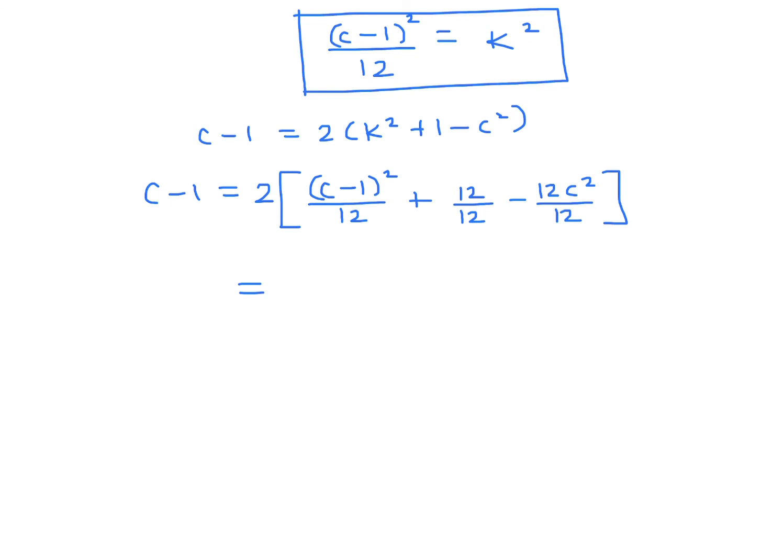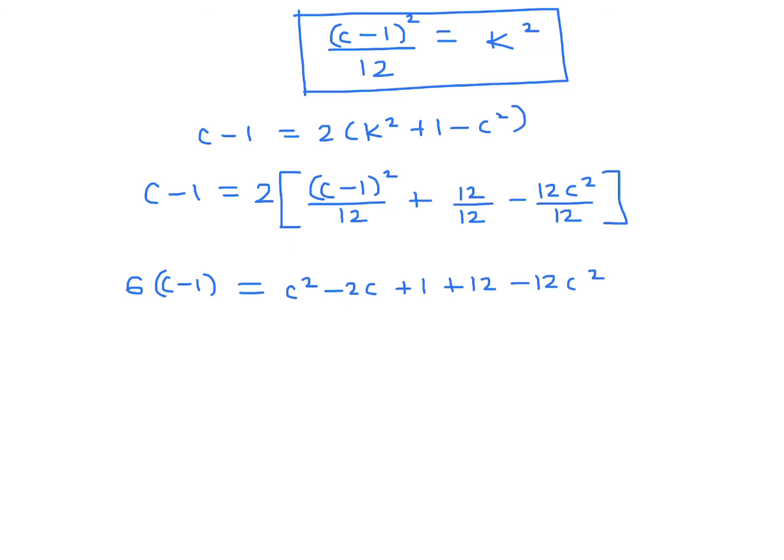And this will give me 2 over 12, which is 1 over 6, so I can bring the 6 over here, and then this will just be c minus 1. This side expanding gives me c squared minus 2c plus 1 plus 12 minus 12c squared. Put everything on one side.